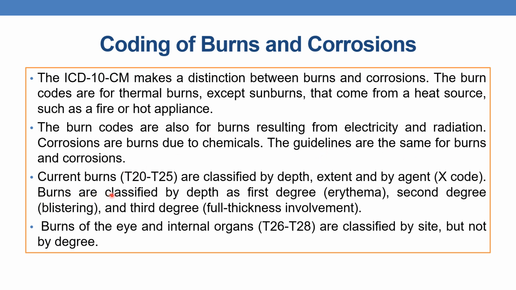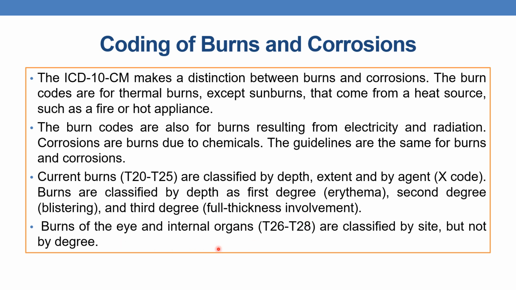Coming to current burns, which come under the category T20 to T25, they are classified by depth, extent, and by agent. Burns are classified by depth as first degree, which causes erythema, second degree, which causes blistering, and third degree, which causes full thickness involvement.